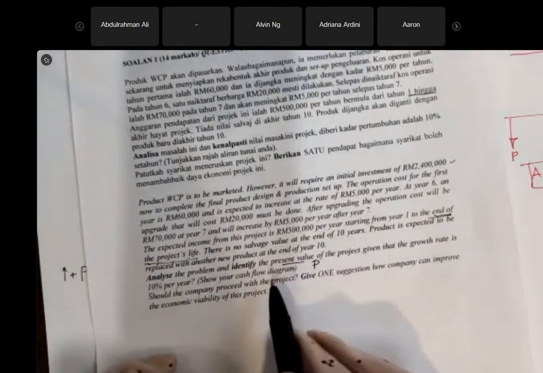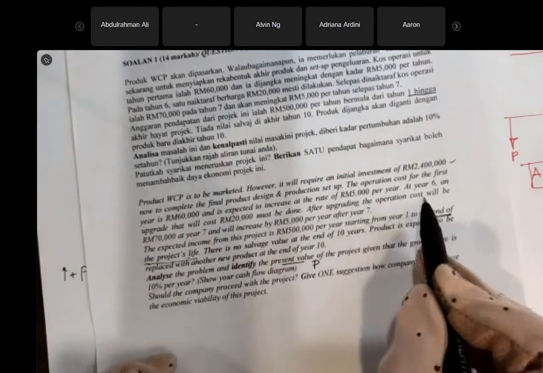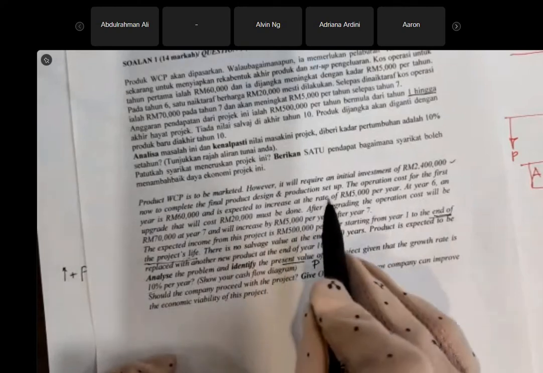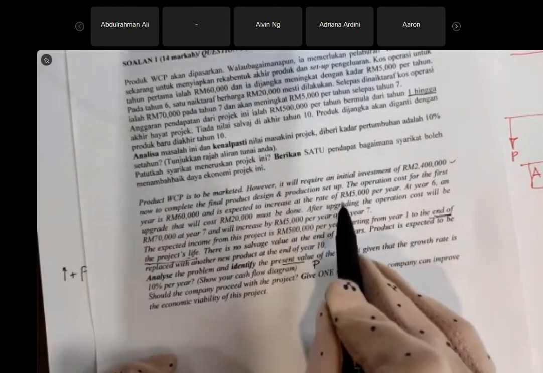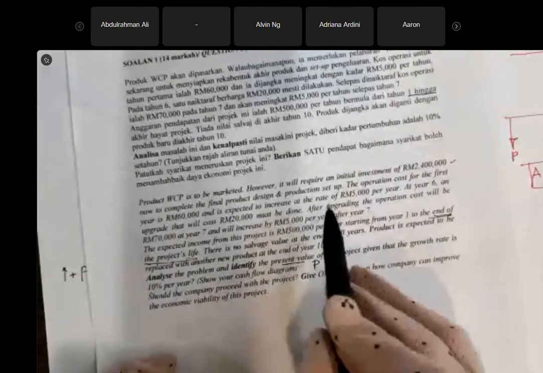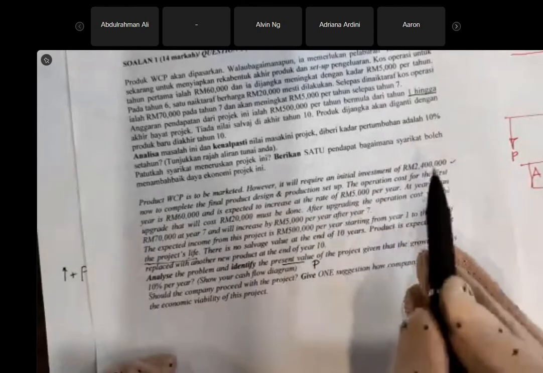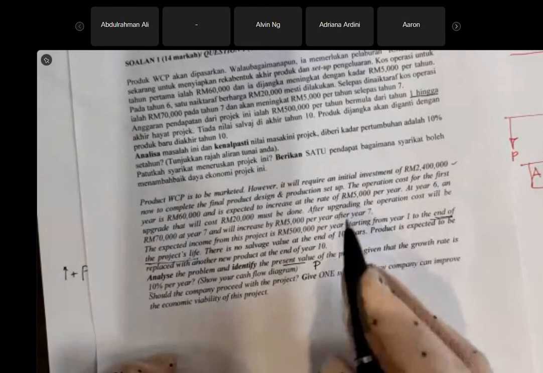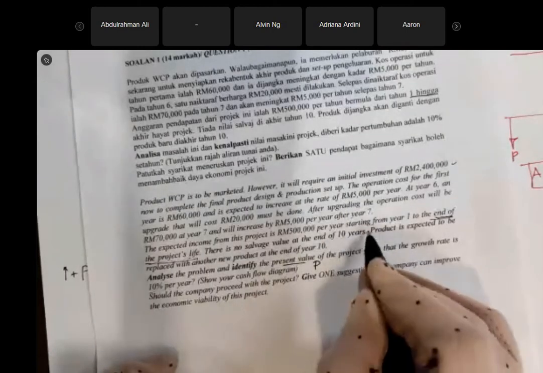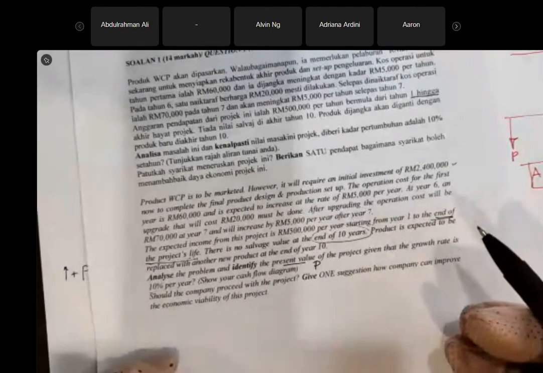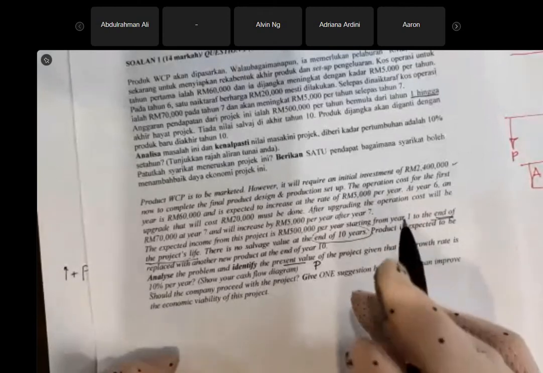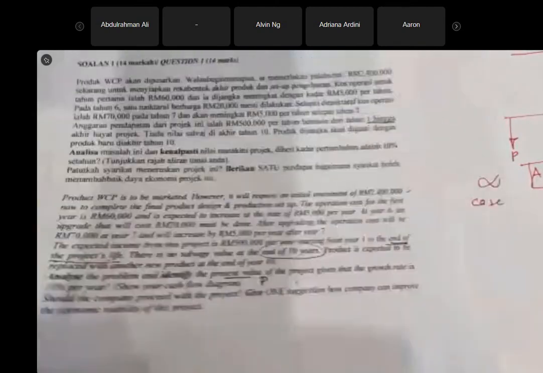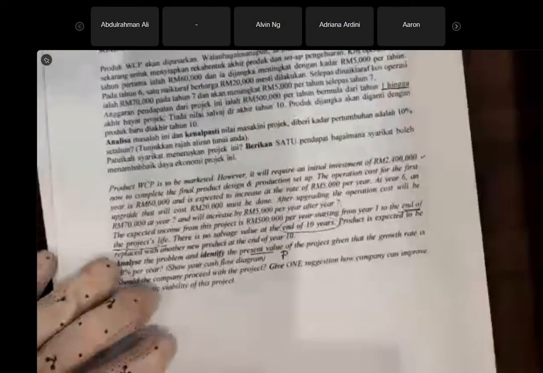You also have it. Or it does not mention anything about until what year, so that means you have to find out until what year. The year is end of 10 years. So that is the difference between question number 1 and question number 2.